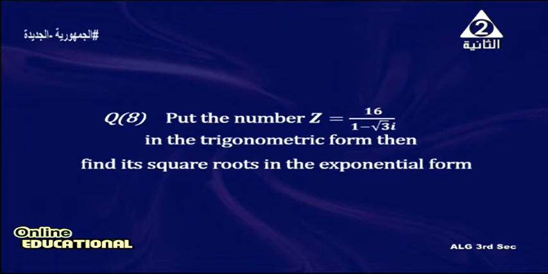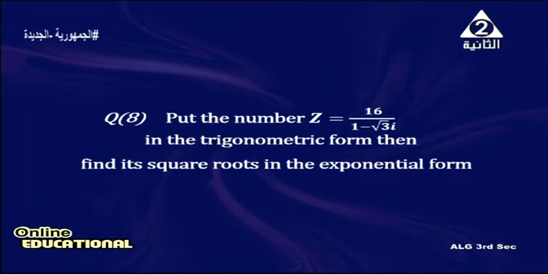My dear student, we have 3 forms of complex number: algebraic form, trigonometric form, and exponential form. If we have z equals r multiplied by cosine theta plus i sine theta, or x plus yi, or r e power theta i, we have 3 forms of complex number.